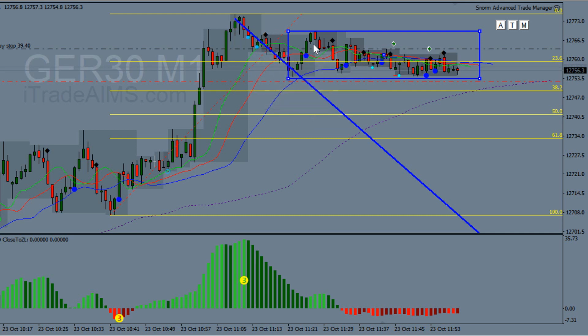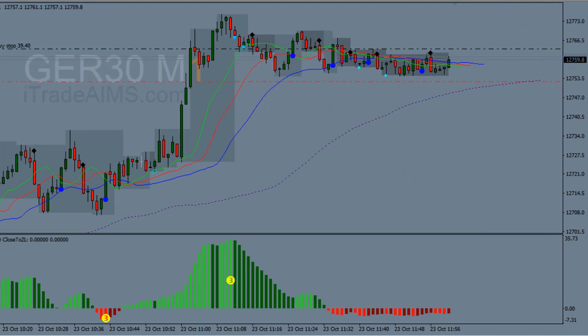So most of the time it's a B trap because people think it's the resumption of trend, but it's not the resumption of trend. It's actually the pullback of the pullback. So this is an impulse wave. Let me refresh this.